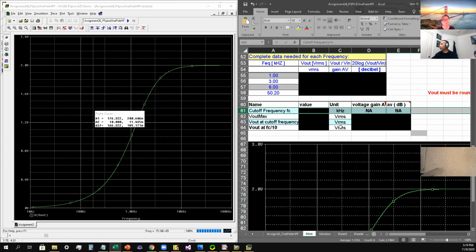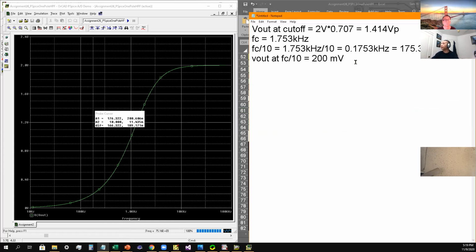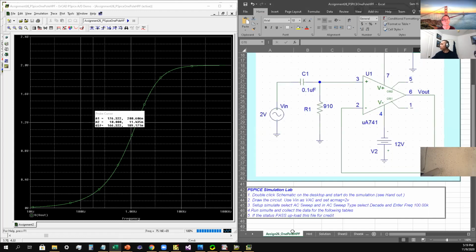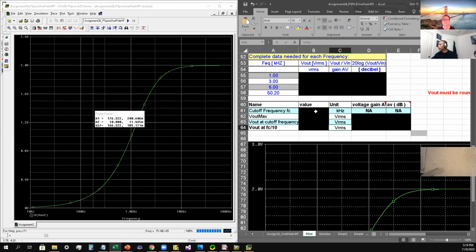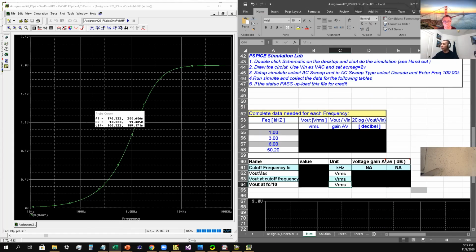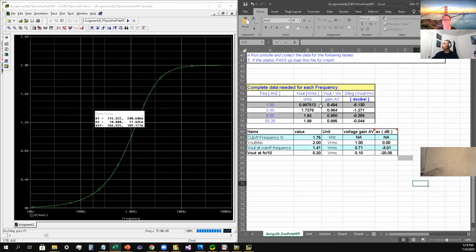Then you have to convert to VRMS. So VRMS would be equal to, we just divide this by, converted to volt, so that's 0.2 volt RMS. And that's pretty much it. You should be able to do that and do your calculation. Your number should be similar to this here.